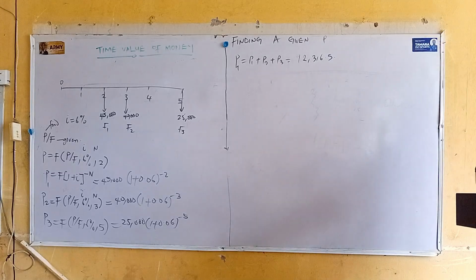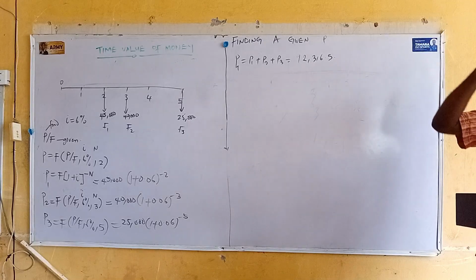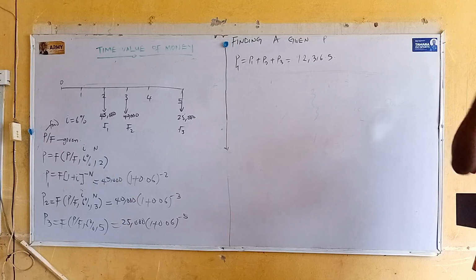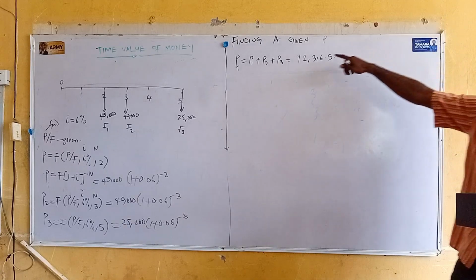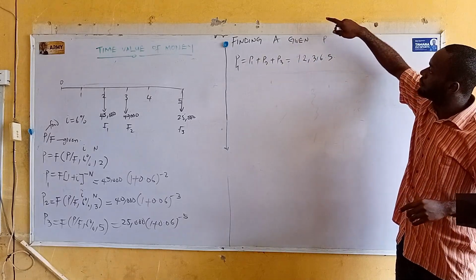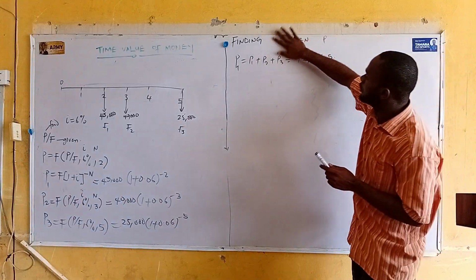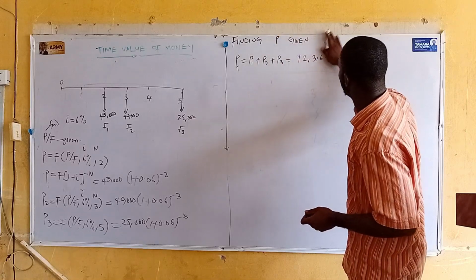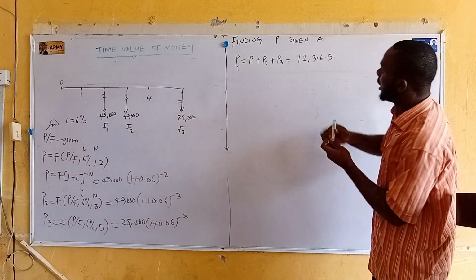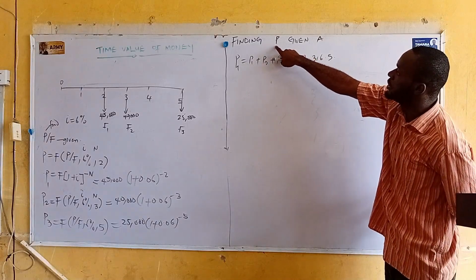For example, if you are asked to find how much I should deposit now, so that over the next 10 years I'll be able to withdraw 1,000 every year, it means you should find P given A.